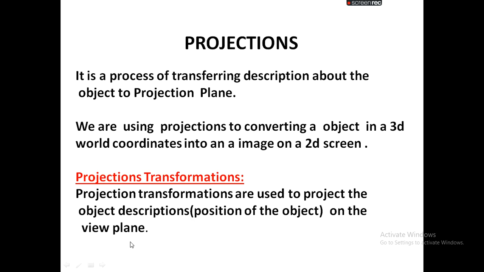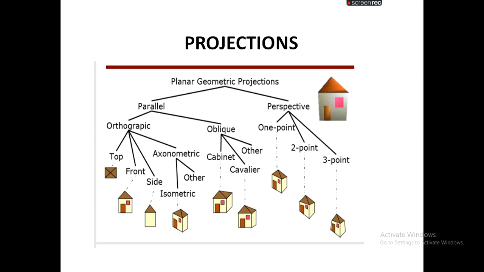To perform this process, we need projection transformations. In computer graphics, we use various types of projections to project the object description on the projection plane.